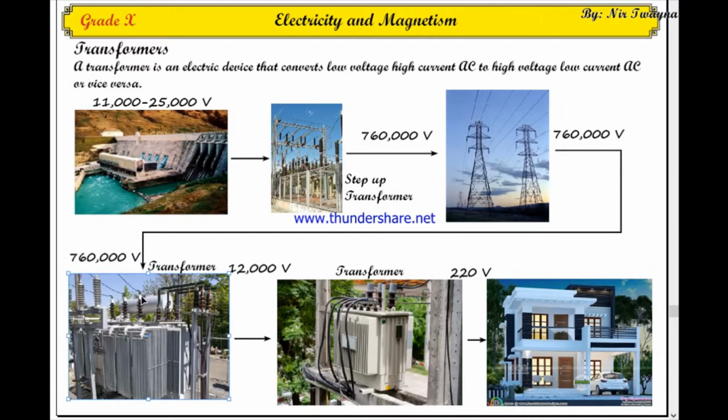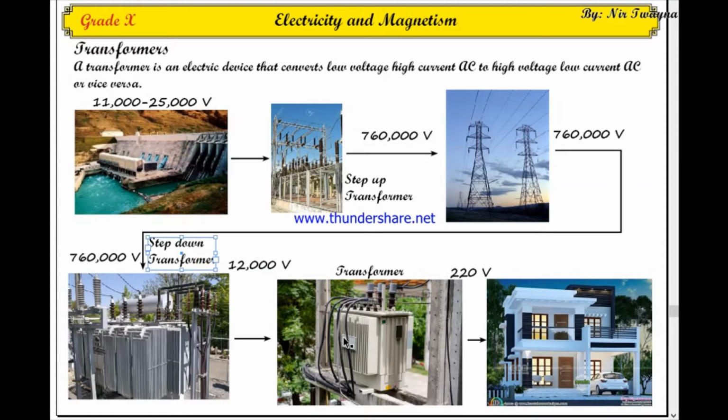Similarly, in this case we can see the input voltage is greater and the output voltage is lesser. The voltage has been taken down by this transformer, so this kind of transformer is known as a step down transformer. The transformer which decreases the voltage of current is called a step down transformer.